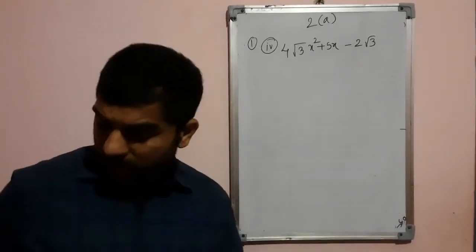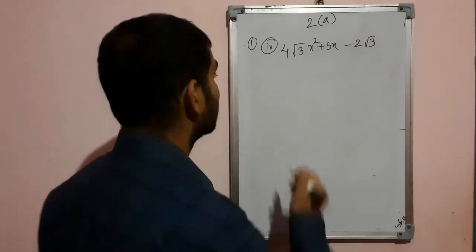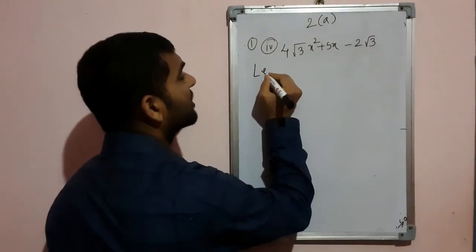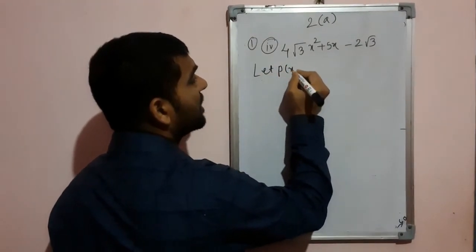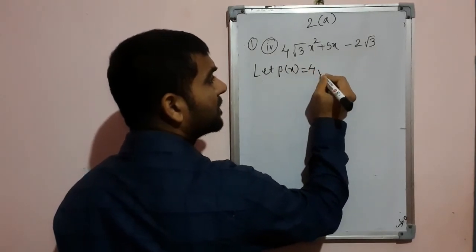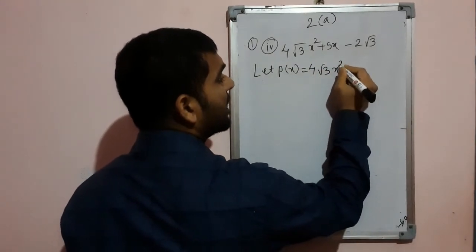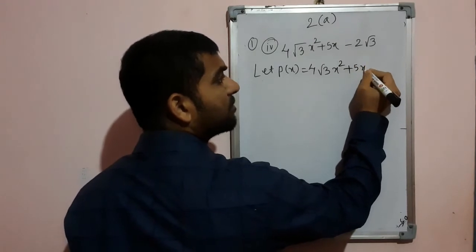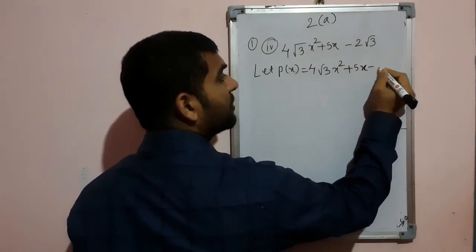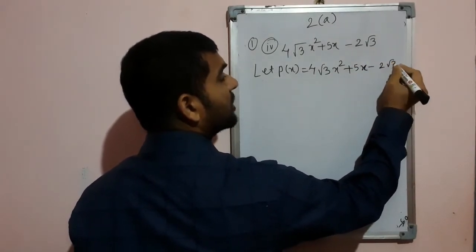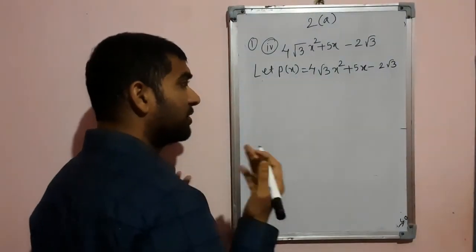What we will do here also, we have to find the zeros. So the same method, we write: let p(x) equal to 4 root 3 x square plus 5x minus 2 root 3. Then what is next? We have to find the zeros.